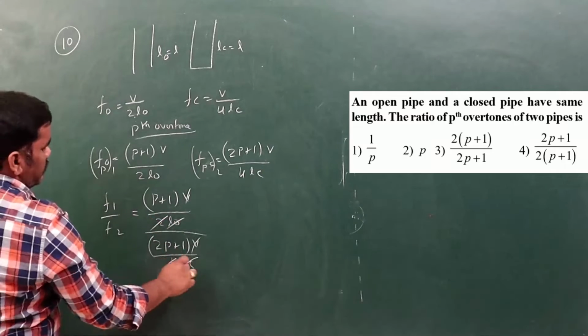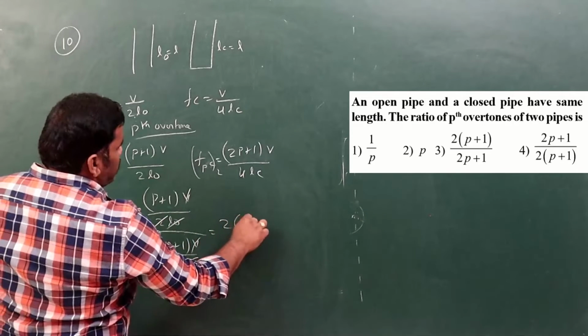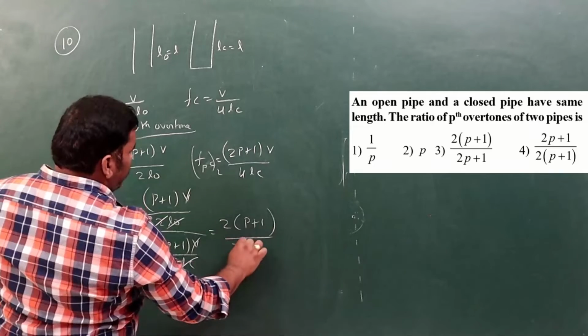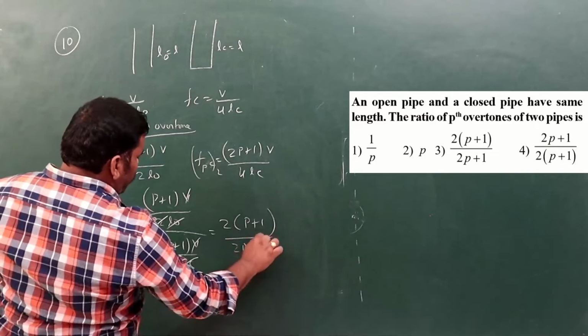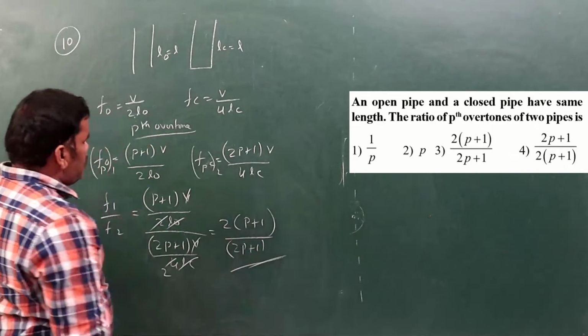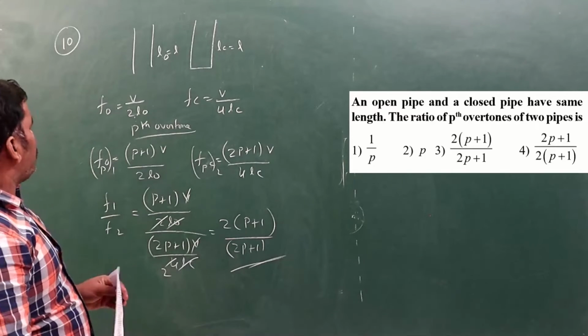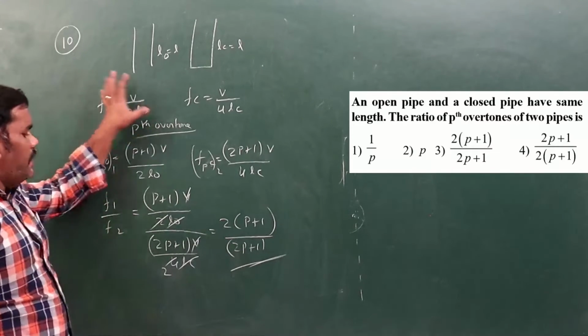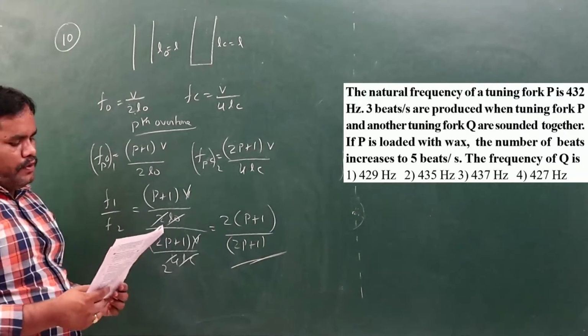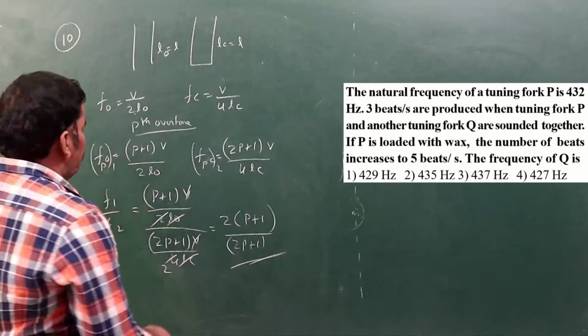Here 2 times cancelled. So that is equal to 2 times (P plus 1) divided by (2P plus 1). This is the ratio of pth overtone of an open pipe and closed pipe. Okay students.